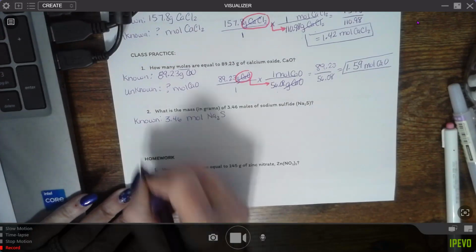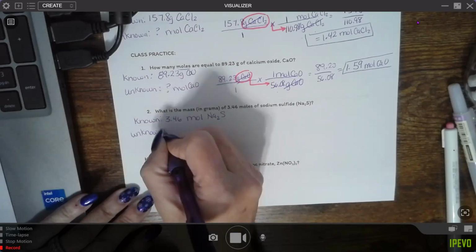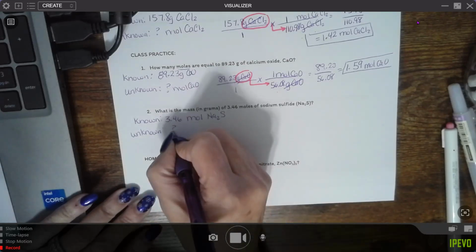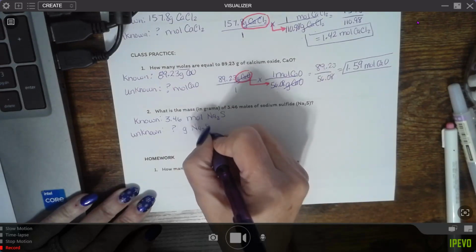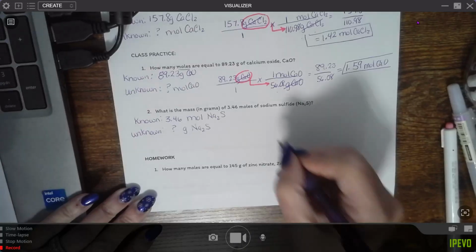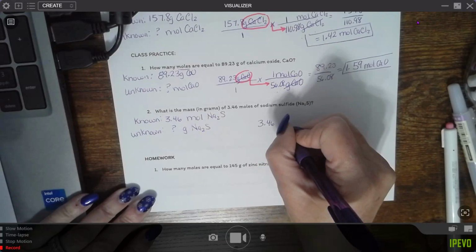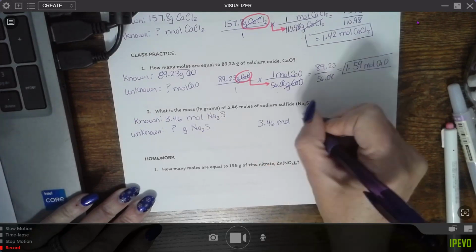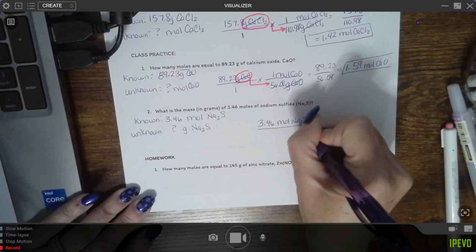Our unknown is going to be grams of Na2S. So we're going to set this up. 3.46 moles, we're going to put that over 1.